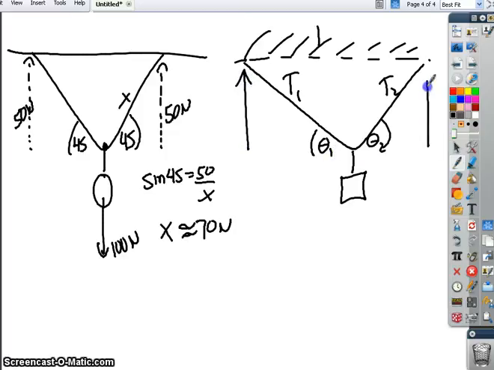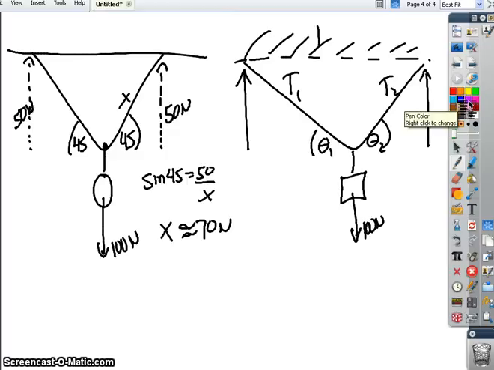These two tensions here must add up to 100, but they are not necessarily equal. And I can tell you from a conceptual standpoint that this one has more tension than this one because the angle is further away from vertical. So this is just a conceptual look at wires and how they work.